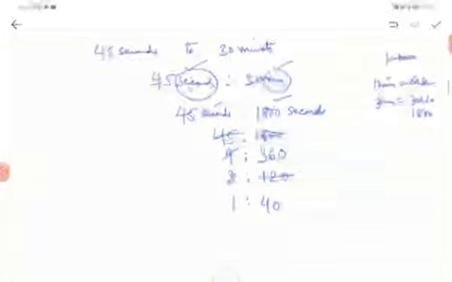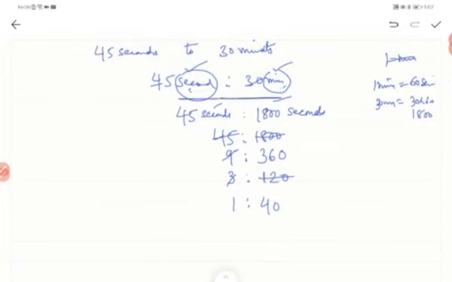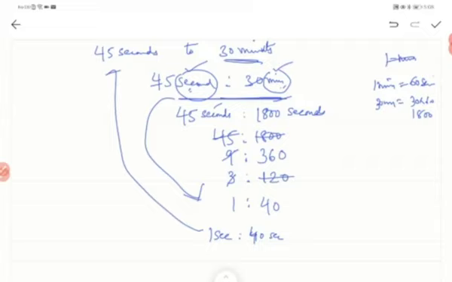So the equivalent ratio of 45 seconds is to 30 minutes is 1 second is to 40 seconds. Obviously minutes will be more, so you have 40 seconds. So 45 seconds to 30 minutes is nothing but 1 by 40.